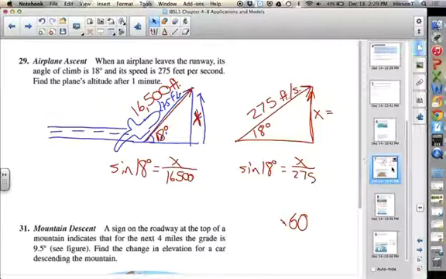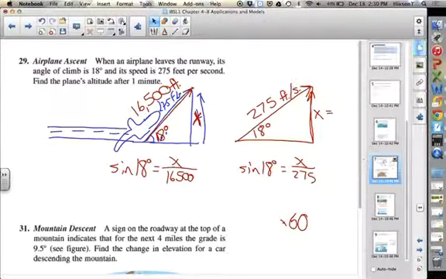Another idea, and especially if you've had physics, you may have thought this way: thinking of it as a speed instead, and using right triangle trig over here on the right to find a vertical speed. And then whatever that speed was, you would multiply by 60.